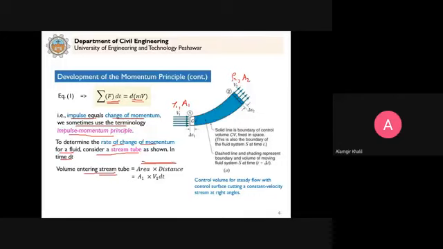The area at section 1 is A1, and the distance is delta S1. So we have S equal to Vt. In time dt, because it moves in time dt, this is equal to V into t, and this can be written as V1 into dt.